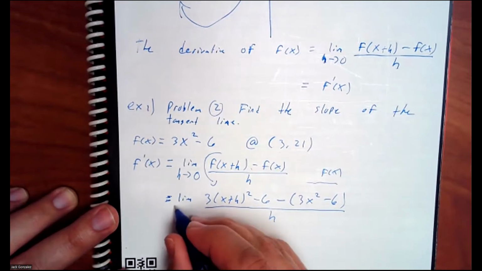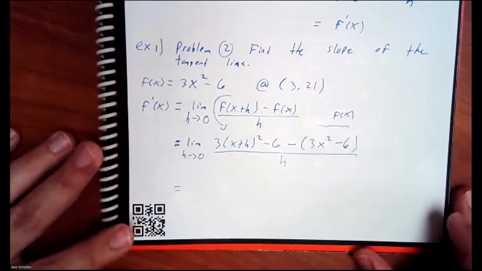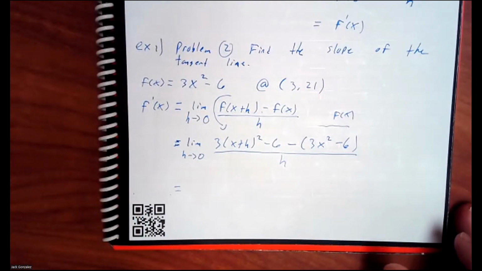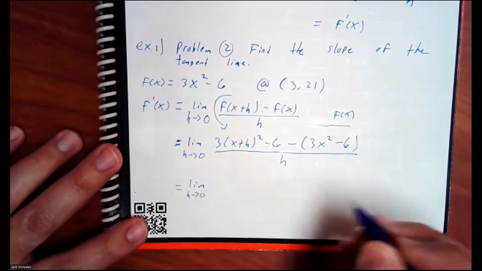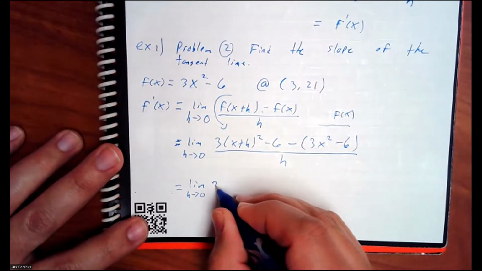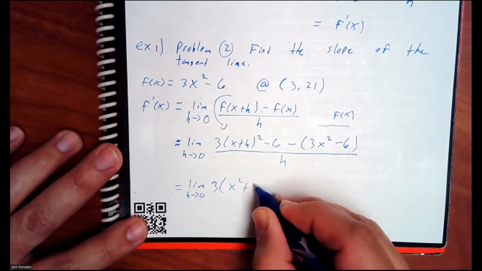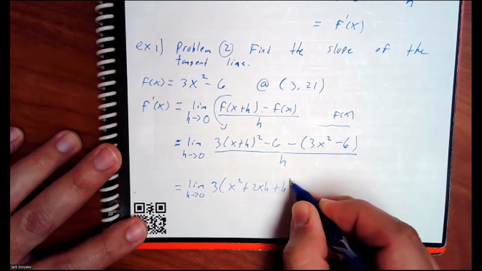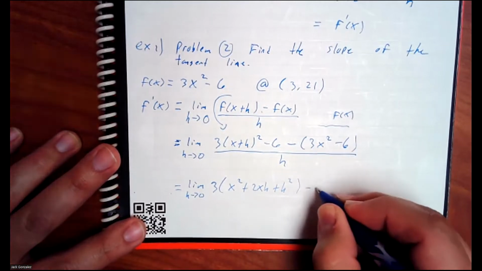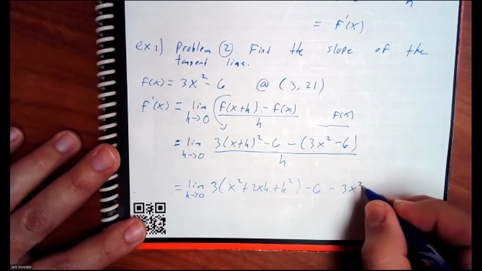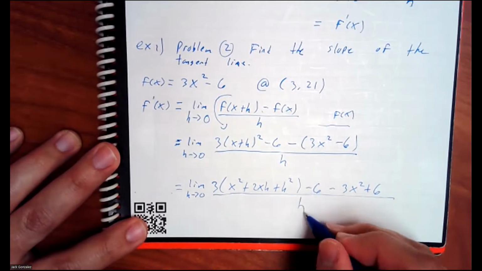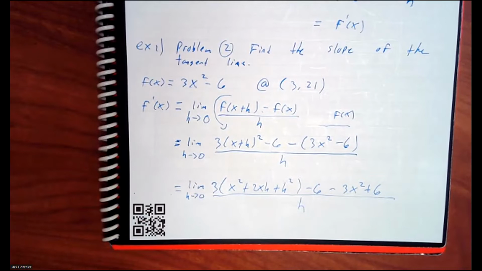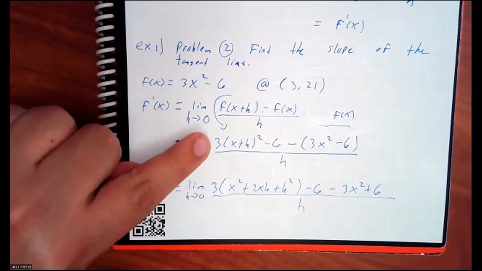That will equal, let's just finish this on the next page, 3 times x squared plus 2xh plus h squared minus 6 minus 3x squared plus 6. Still with me on the algebra? Where did I lose you? Here?